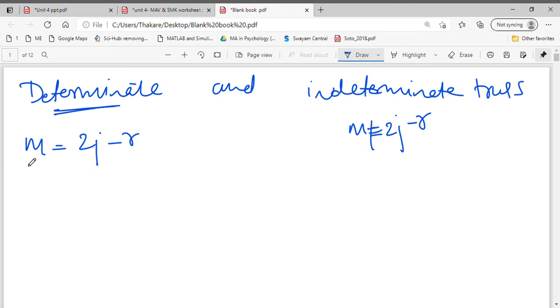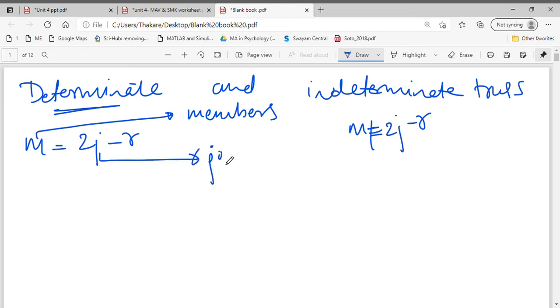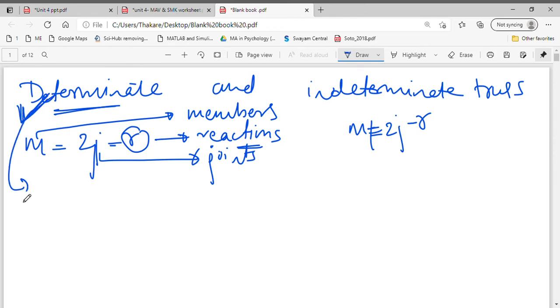Here in this equation M equals 2J minus R, M stands for members of the truss, J stands for the number of joints in the truss, and R stands for reactions developed at the truss. So if M equals 2J minus R, then the truss is determinate. A determinate truss is solvable using conditions of equilibrium.